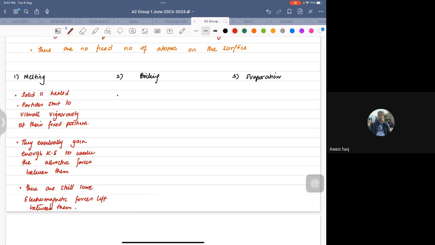In boiling, let me write it with a different color. I don't want to mix them up. A liquid is heated and the kinetic energy of all particles is very high, because already they have weakened forces.